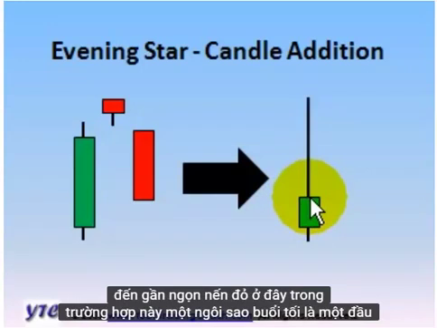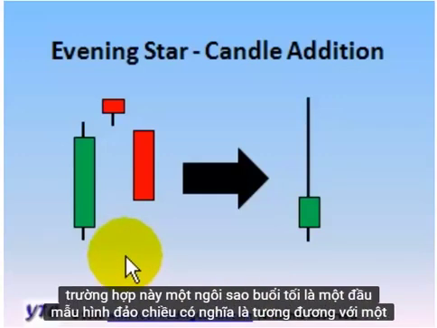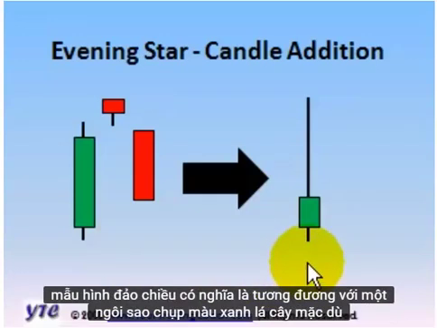In this case, an evening star is a top reversal pattern that is equivalent to a green shooting star.